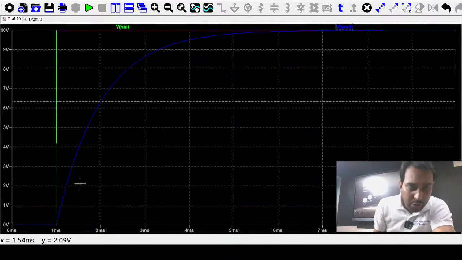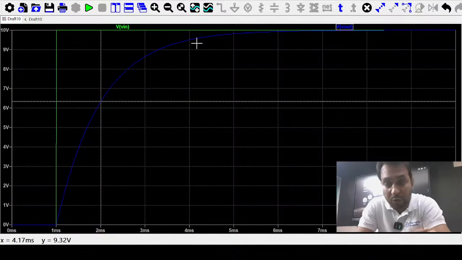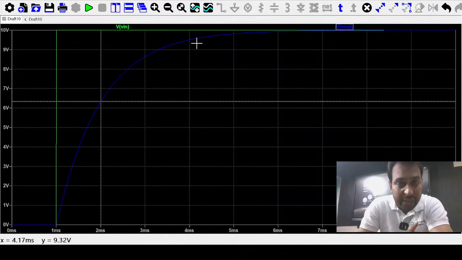So if the input waveform is like this, the output is moving exponentially, but it depends on the time constant. The output waveform depends on two things: one is the time constant and the other is the pulse width.